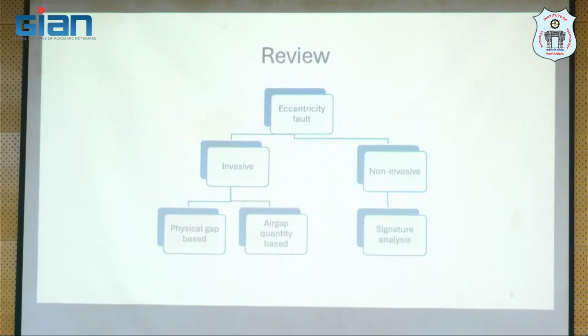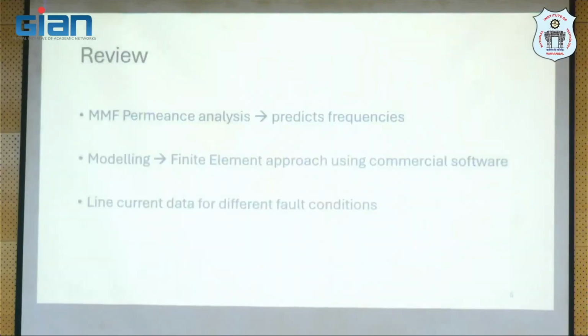One of the popular non-invasive schemes that I presented yesterday is motor current signature analysis. So in motor current signature analysis, we carry out what is known as a magnetomotive force permeance analysis to predict the harmonic frequencies that would appear in the line current spectrum. And then I also talked briefly about how one could quickly model a faulty motor using finite element tools that are commercially available.